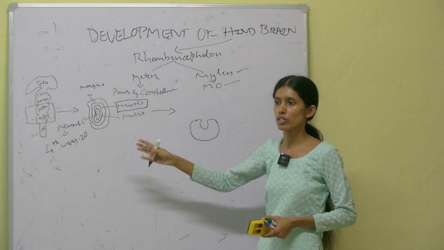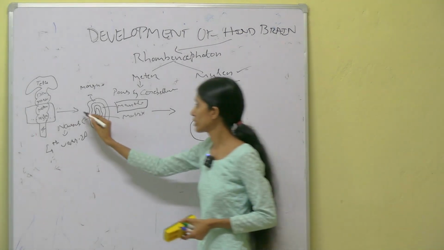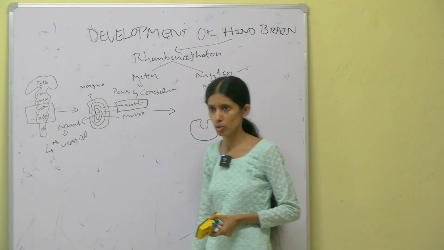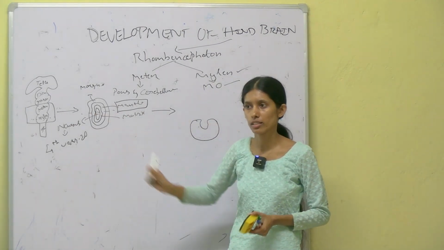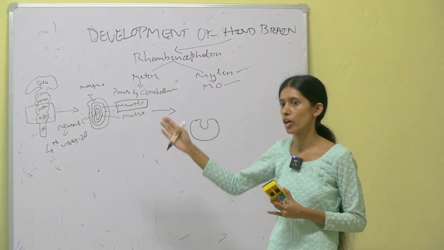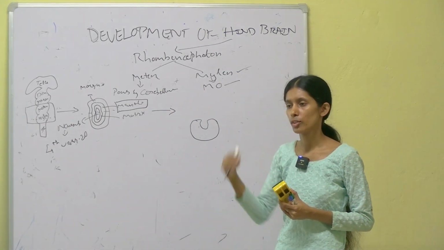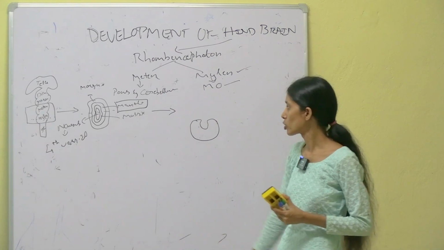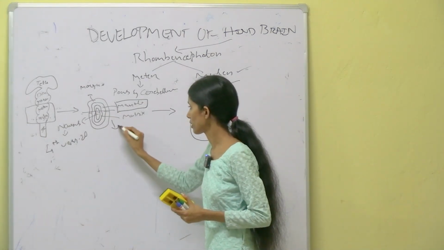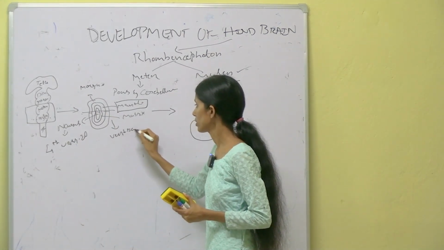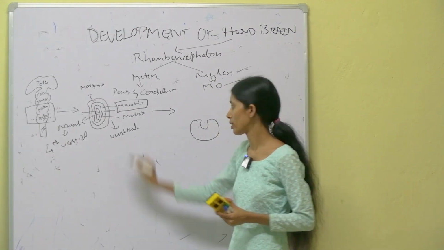During the process of development, the ventral part and dorsal part division is already present. We all know there is the sulcus limitans. It is dividing your lateral wall into dorsal part and ventral part. The ventral part is going to develop rapidly.